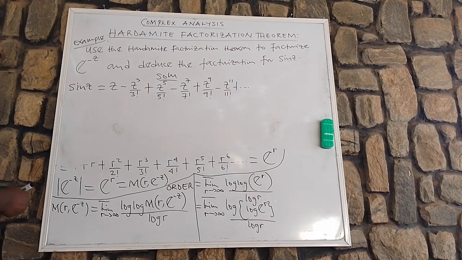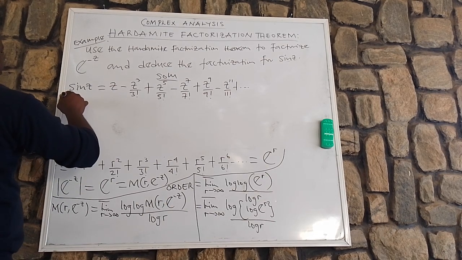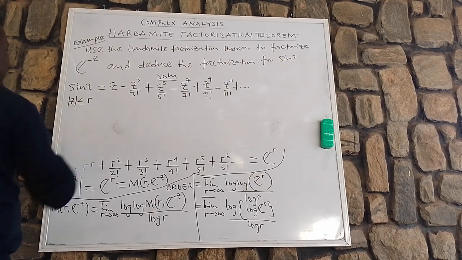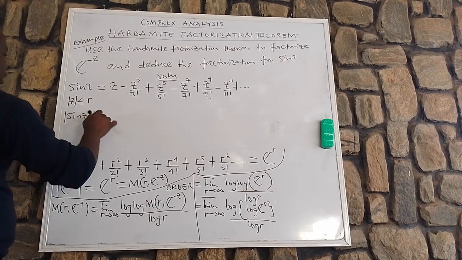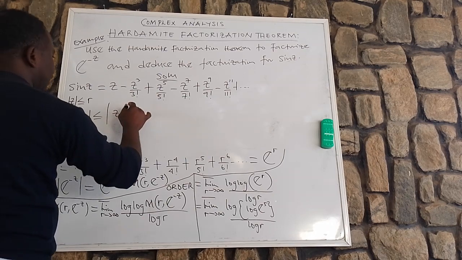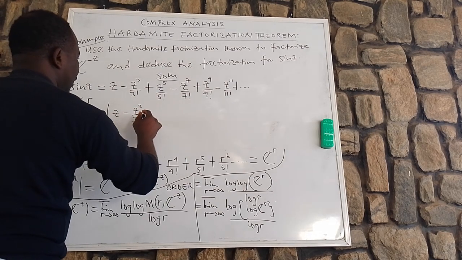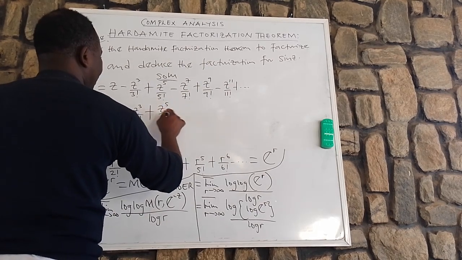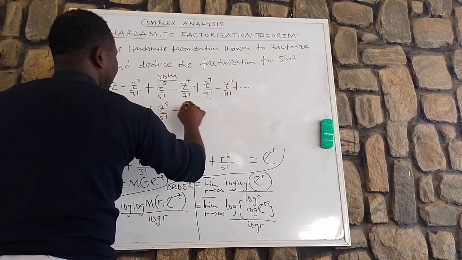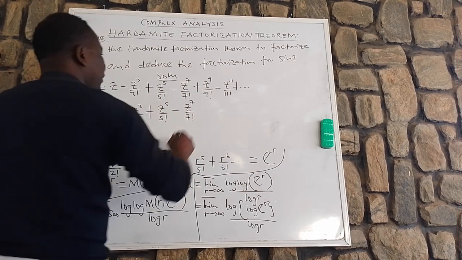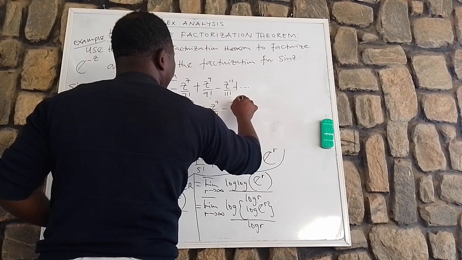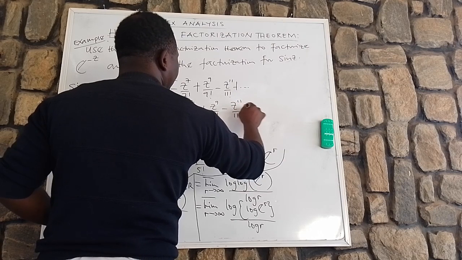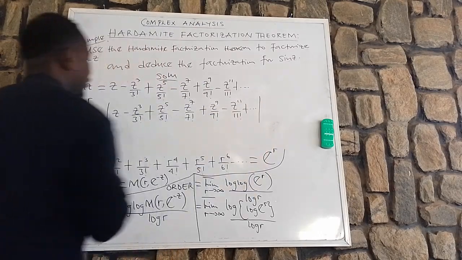So if you agree with me, let us always remember that our mod Z is less than R. So if we take the modulus of sin Z, it is less than mod of Z minus Z raised to the power 3 all over 3 factorial plus Z raised to the power 5 all over 5 factorial minus Z raised to the power 7 all over 7 factorial plus Z raised to the power 9 all over 9 factorial minus Z raised to the power 11 all over 11 factorial plus and so on, then the modulus.